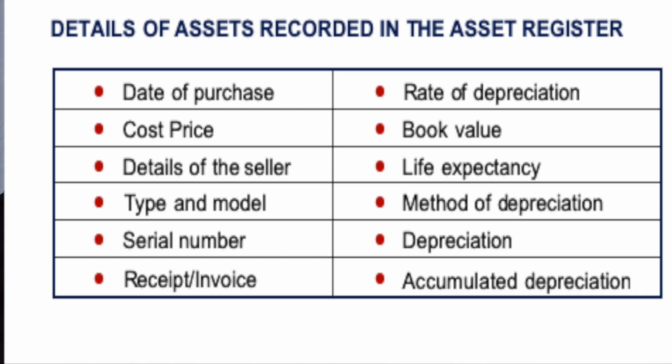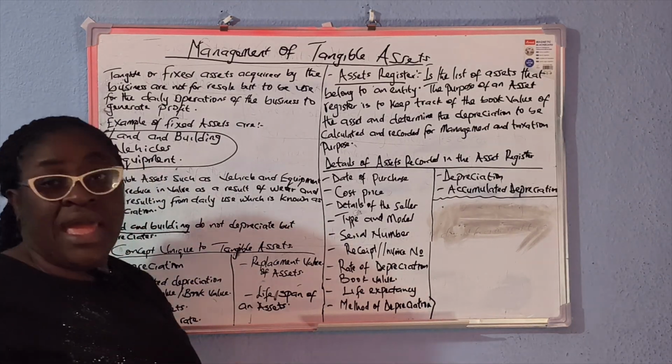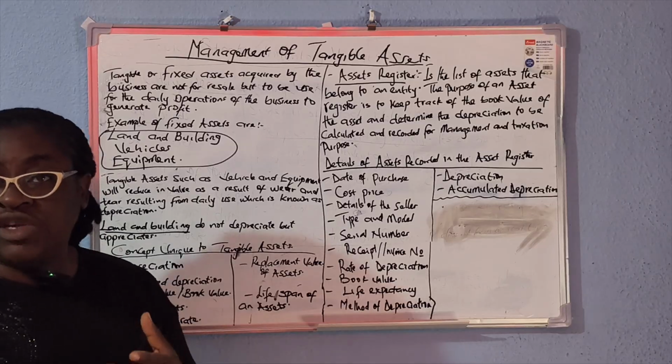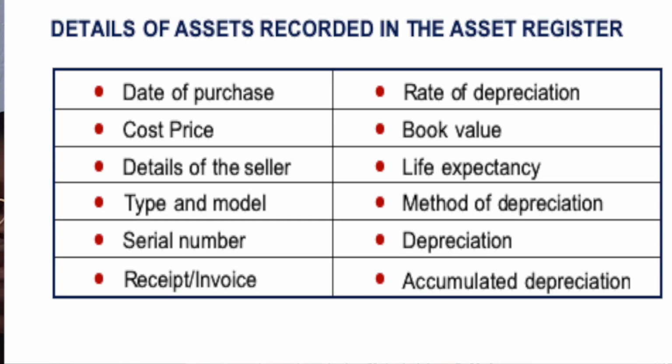The number must be in the asset register. The rate of depreciation: it's going to depreciate by 20% fixed cost method or 15% diminishing balance method. So the rate of depreciation must be included.